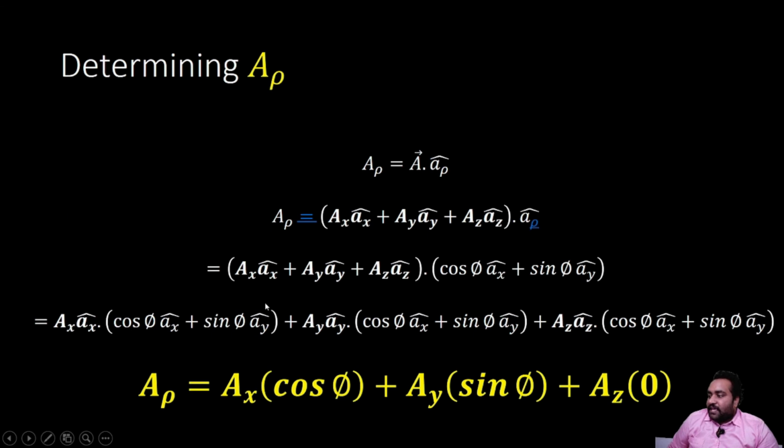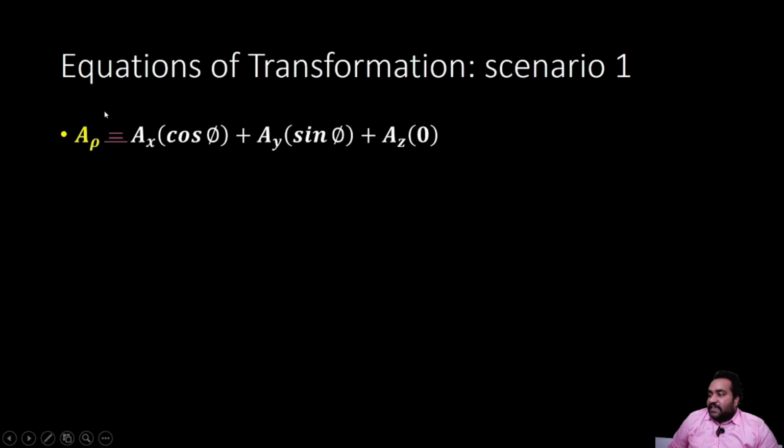If you see, what you have done is you got ax dotted with a rho, ay dotted with a rho and az dotted with a rho. That has given you this equation.